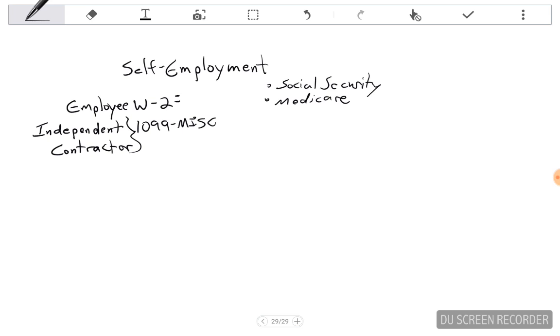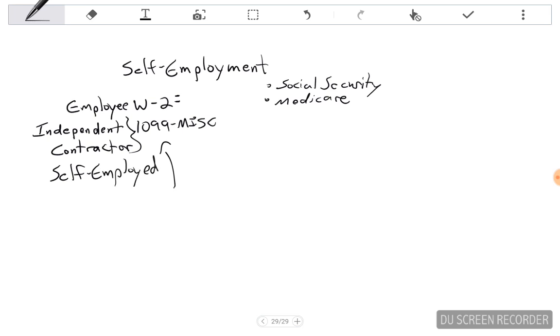If you're an independent contractor, they don't take any of those taxes out, and they don't pay the portion on your behalf. You're essentially considered self-employed, and you have to pay both sets.